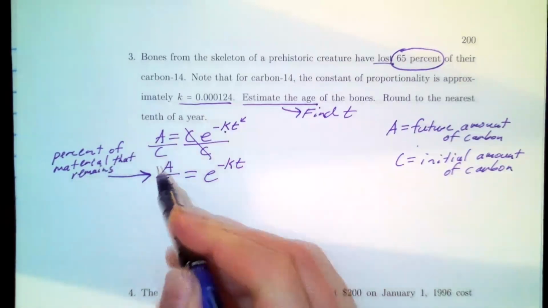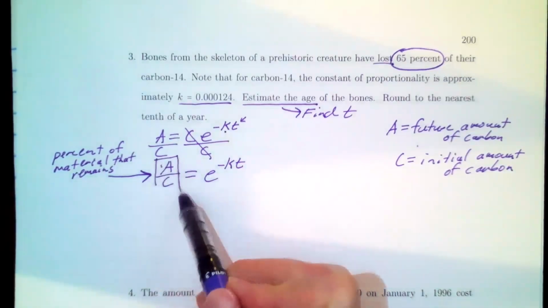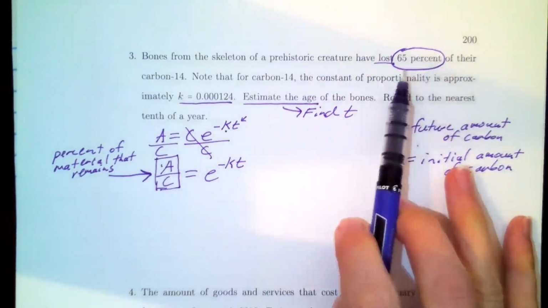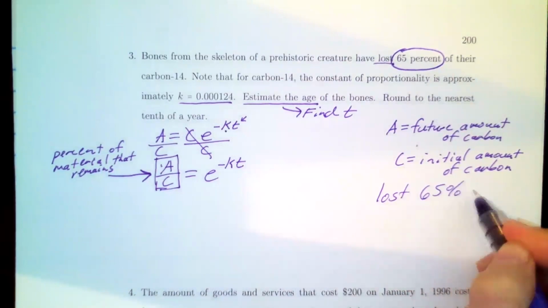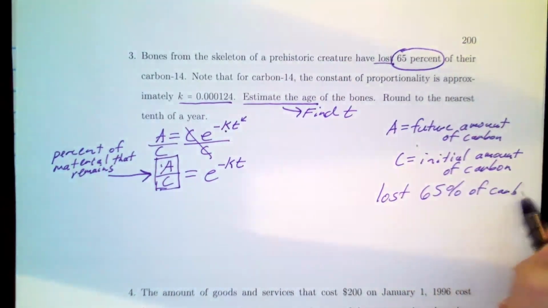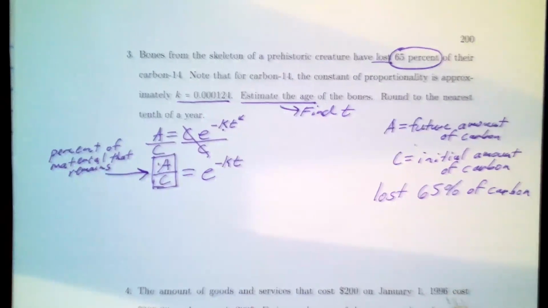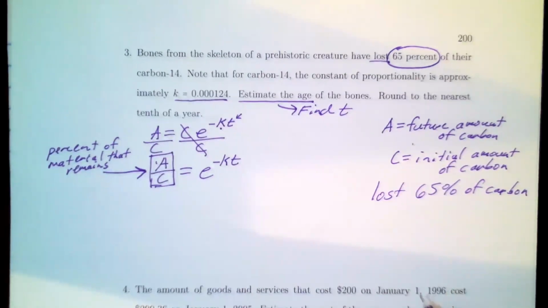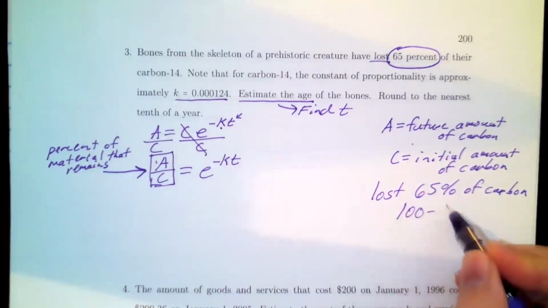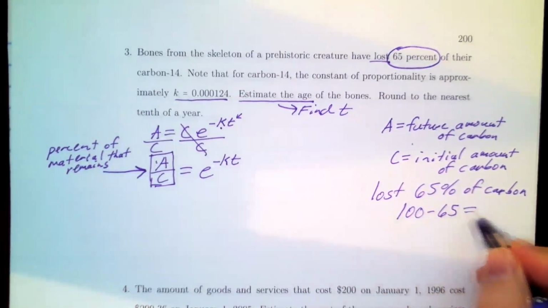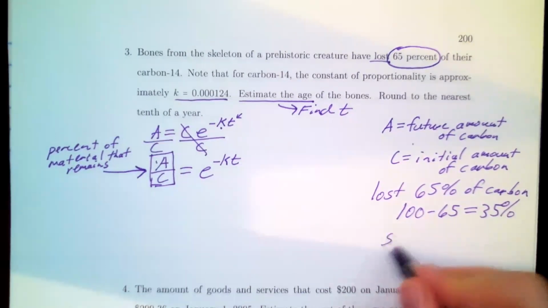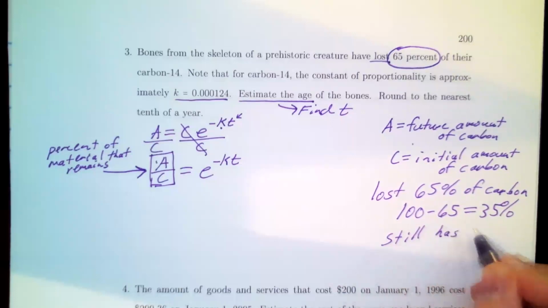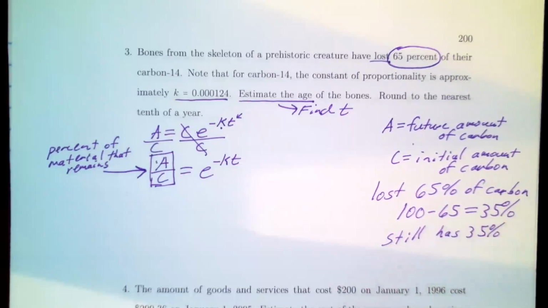So let's think about this. If they tell me that my creature has lost 65% of the carbon, how much carbon does that mean is left in the creature? If it's lost 65%, then 100 minus 65 is how much is still there, which is 35%. So this creature still has 35% of its carbon-14.